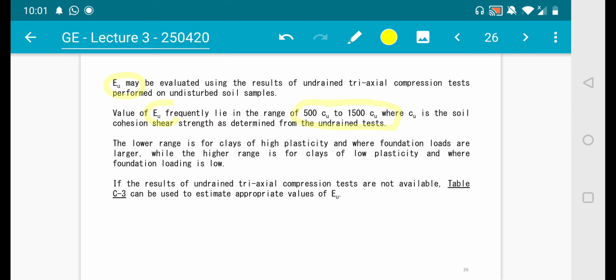If the results of undrained triaxial compression tests are not available, table C3 can be used to estimate appropriate values of EU. So there are two ways of determining this constant: either from a laboratory triaxial test or from an established table, which is table C3.